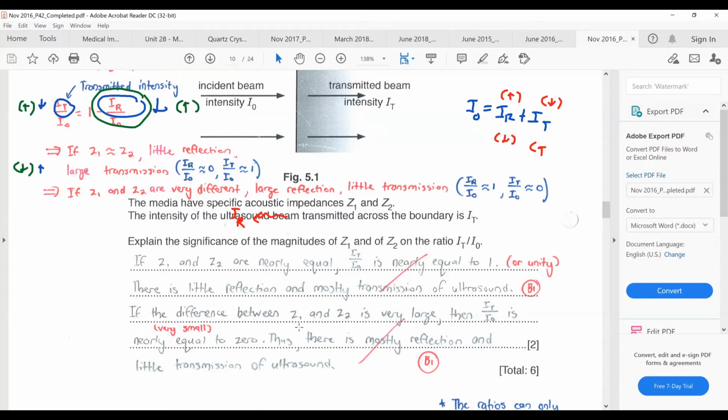If on the other hand, the difference between Z1 and Z2 is very large, the reflected intensity will be very large, but the transmitted intensity will be small. So the fraction of intensity transmitted is nearly equal to 0 or just very small. There is mostly reflection and little transmission of ultrasound. So that is your answer here.